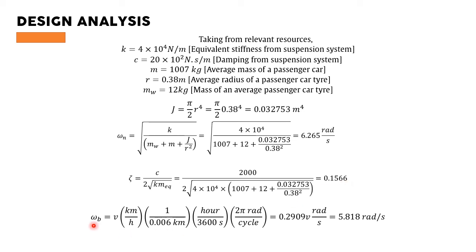Then moving on to the base frequency, we found this base frequency in terms of the car velocity. The car velocity v we assumed in kilometers per hour, so we applied the relevant units to get it into radians per second. So we found an expression of base frequency in terms of the velocity of the car, and then we substituted this velocity as 20 kilometers per hour to get the frequency of the base.